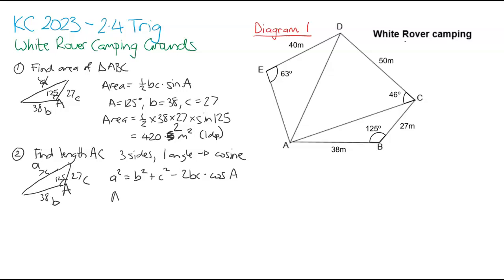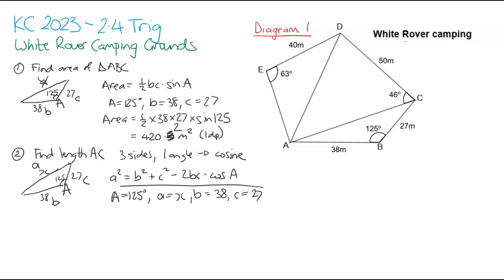So based on this, my big A is 125. That was the degrees. My little a is going to be x. That's the side of the triangle I don't know. B will be equal to the 38. And then finally, C will be equal to that last side, 27.